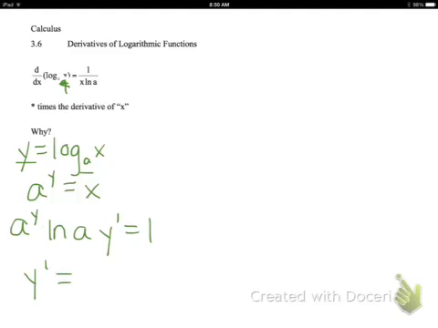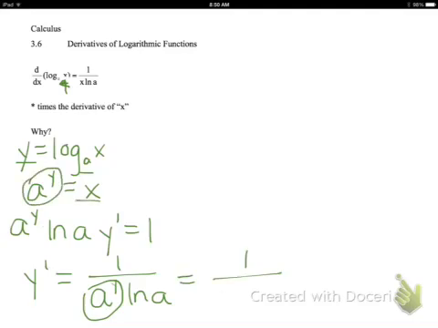Divide by a to the y times natural log of a, so I'd have y prime equals 1 over a to the y times natural log of a. And then a to the y, if I look back up here, equals x. So that becomes 1 over x times natural log of a. That's where it comes from, and here's the rule: 1 over x times natural log of a.